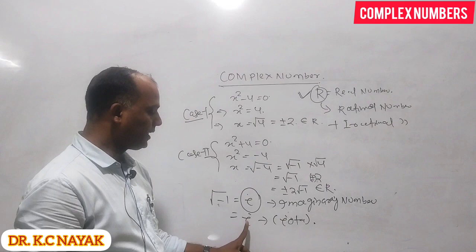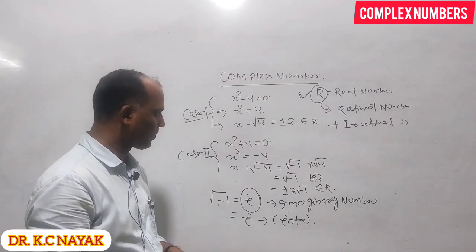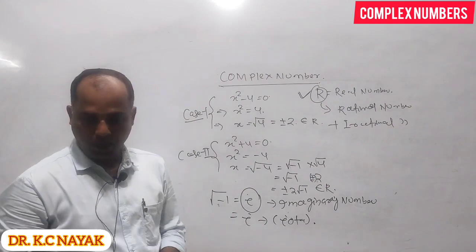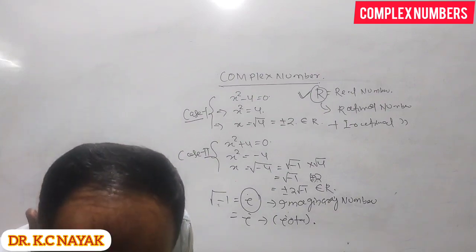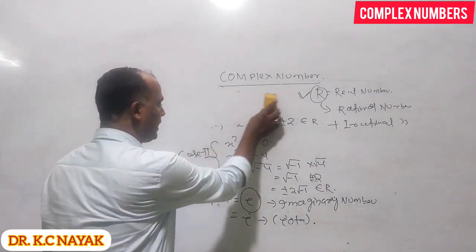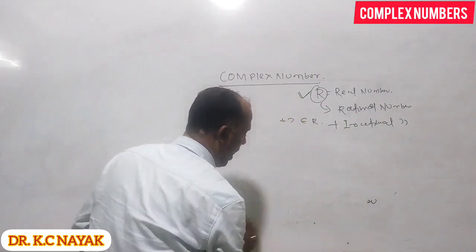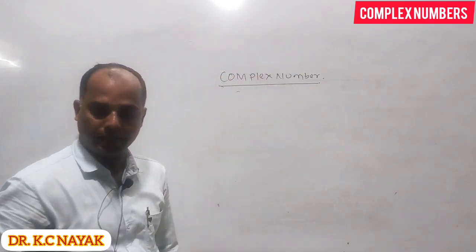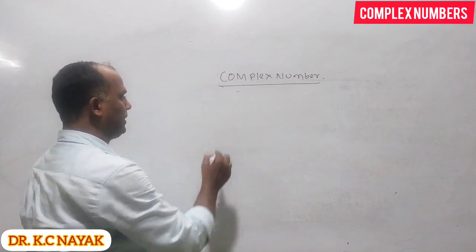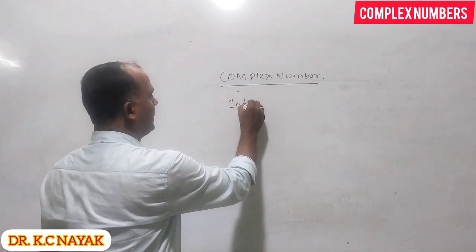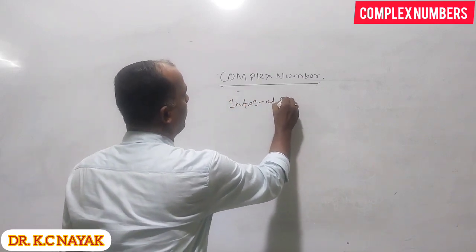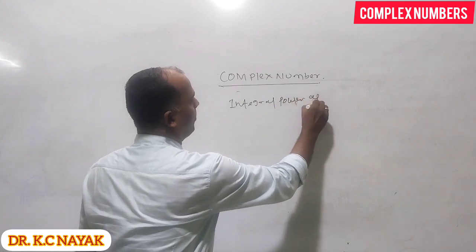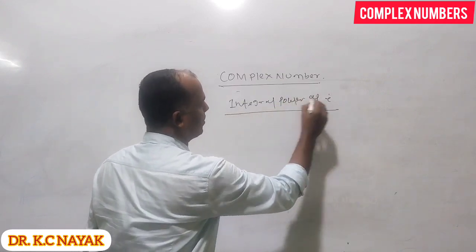That is why it is i, or iota. After this representation of a negative number, we come to the integral powers of i.